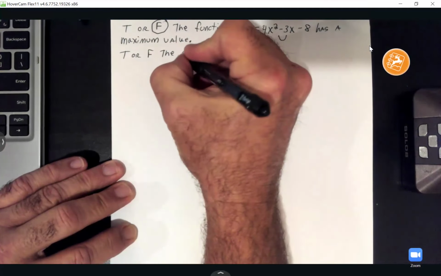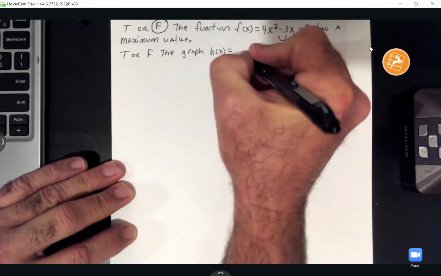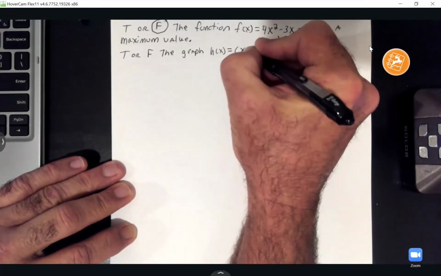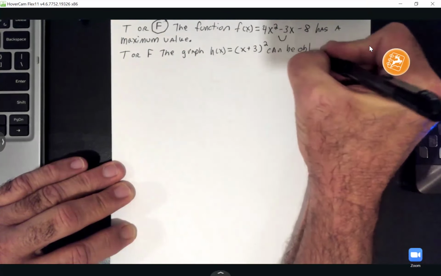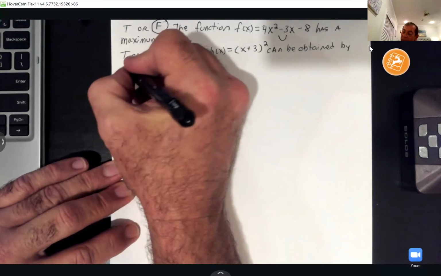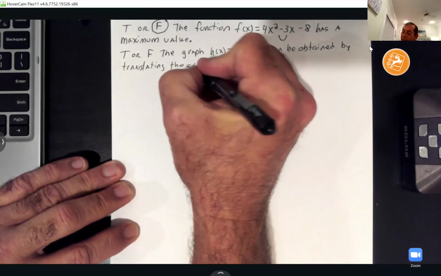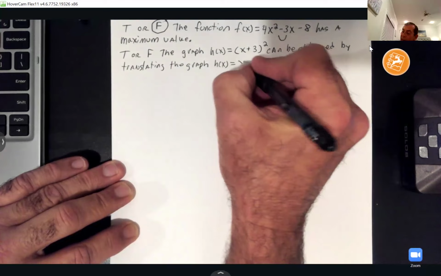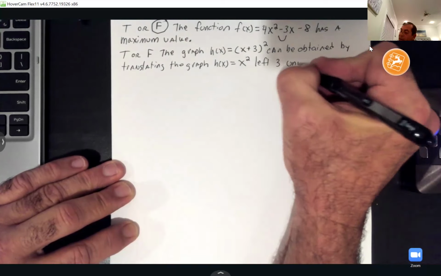So the graph h of x equals x plus 3 squared can be obtained by translating the graph h of x equals x squared left 3 units.